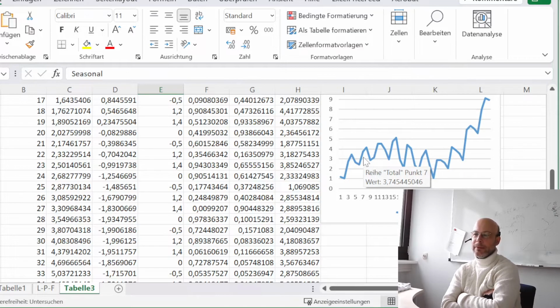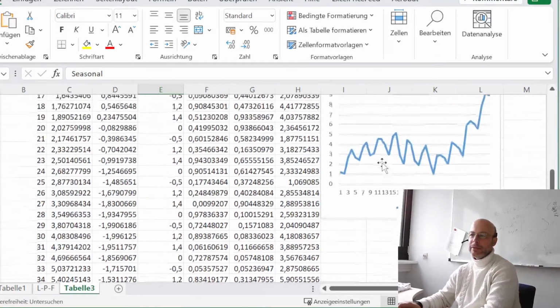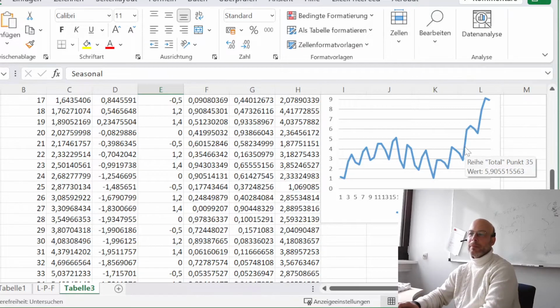And then it is your task that you see that, yeah, you have, of course, some random fluctuation in your data, that you are able to identify, okay, it seems like we have here some periodical data in the long term with a period of maybe 5, 6, or 7 years.